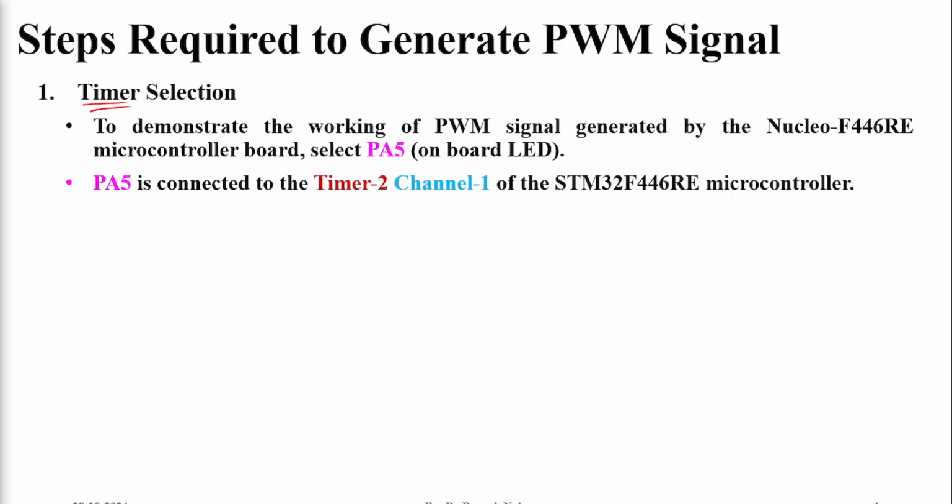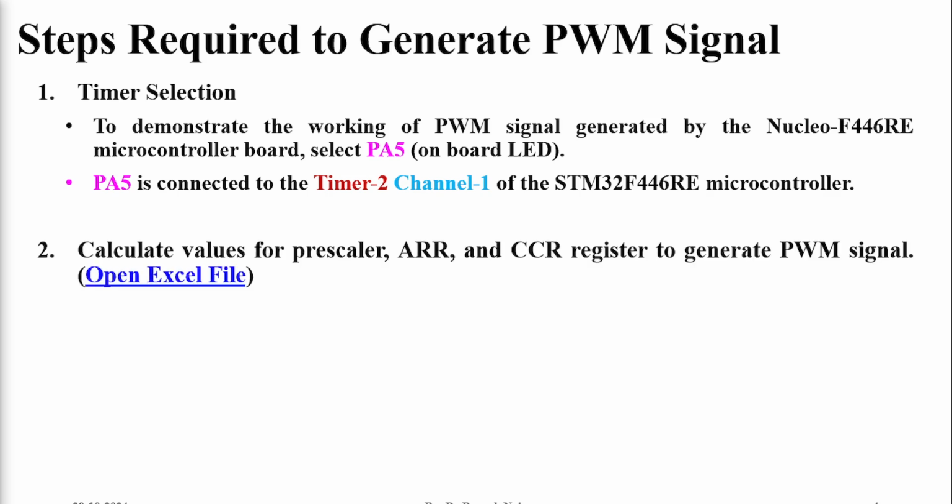First, for the timer selection in this example, I am going to use the timer 2 channel 1 of STM32F446RE microcontroller, because timer 2 channel 1 is connected to PA5 or 5th pin of port A, and PA5 is connected to the onboard LED of Nucleo F446RE microcontroller board. Therefore, I am going to choose timer 2 channel number 1.